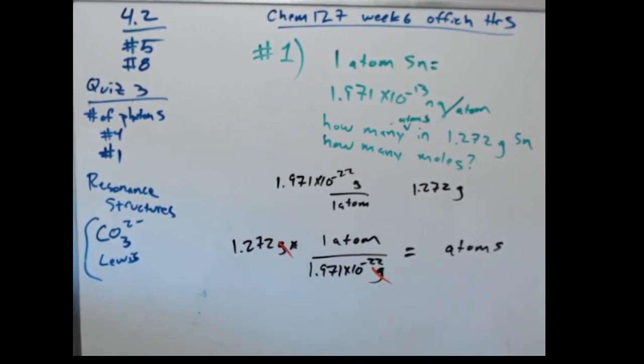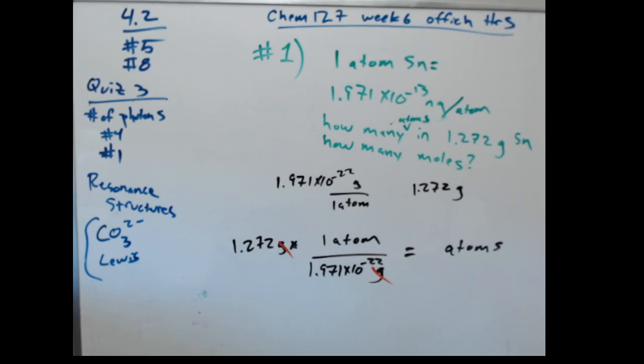The other thing we can think of, before we plug this into our calculator: do we expect a lot of atoms or a few atoms? A lot. How many atoms do we usually see on the human scale? Like an Avogadro's number of atoms, something like 6 times 10 to the 23rd.